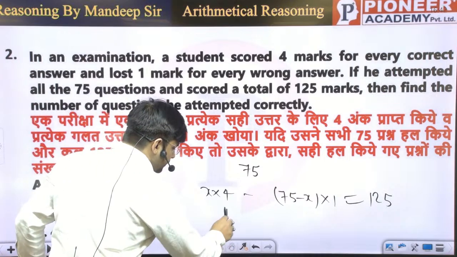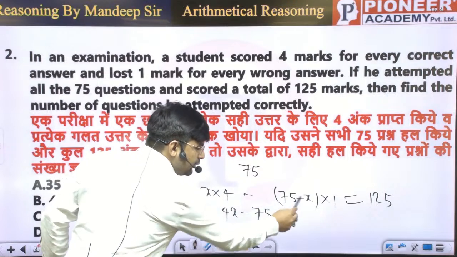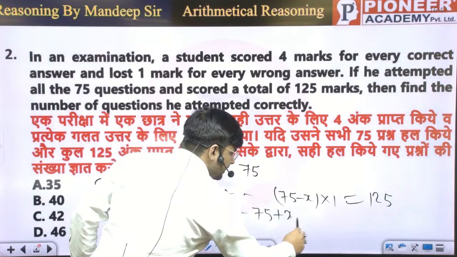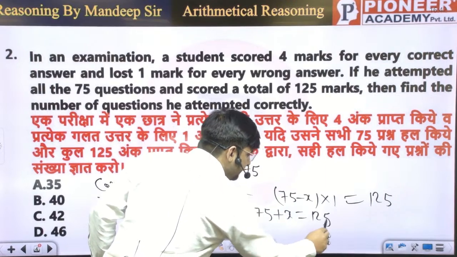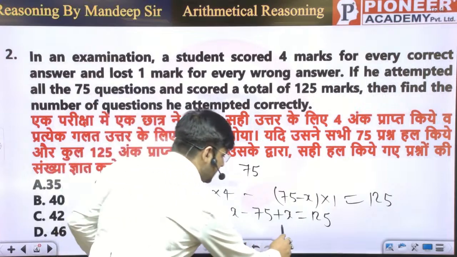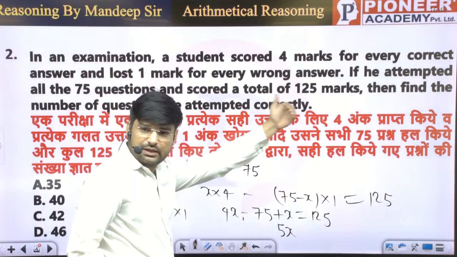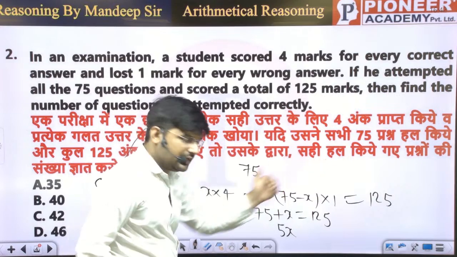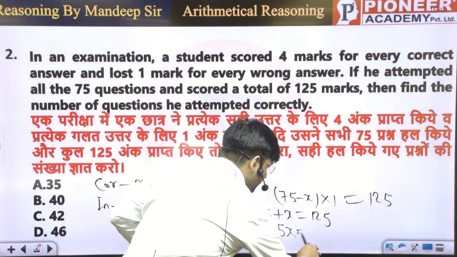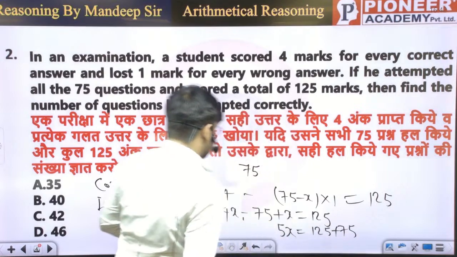Let's start to solve. 4x minus 75 minus into minus, it becomes plus, equal to 125. 4x plus x is 5x, and minus becomes plus after the equal. 125 plus 75 becomes 200.